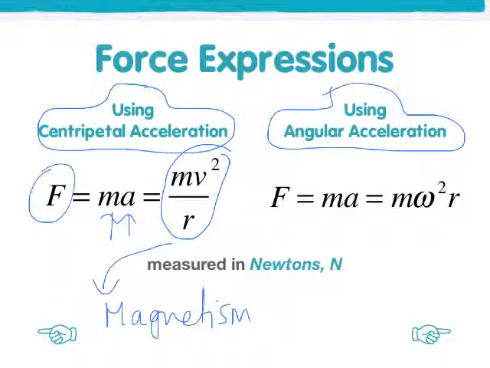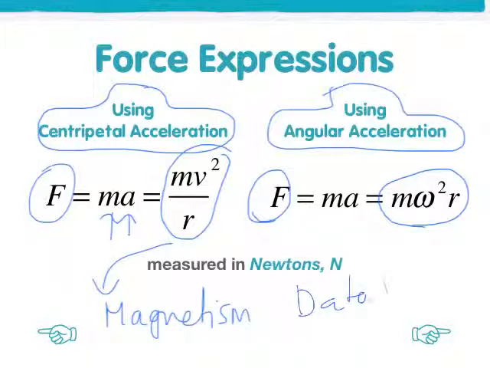And this one's a little bit different, but it's the force due to angular acceleration, m omega squared r. Now, which ones are you going to have to learn? Well, none of these at the moment, as they're all on the data booklet.